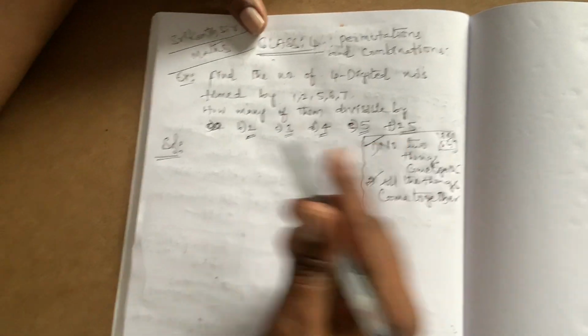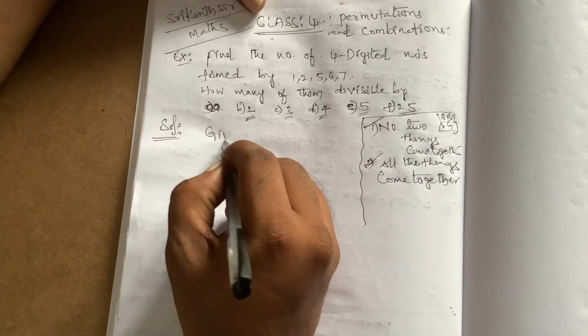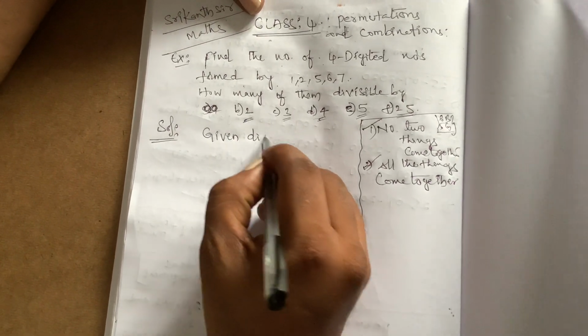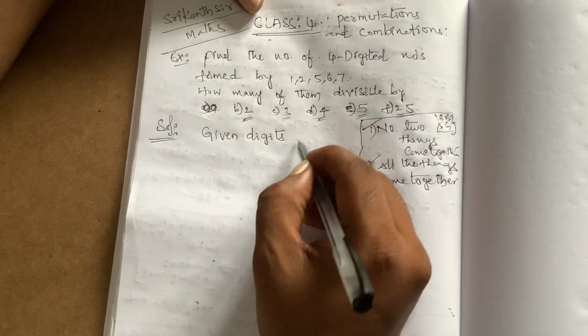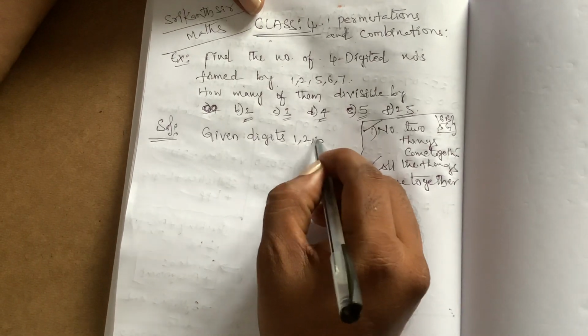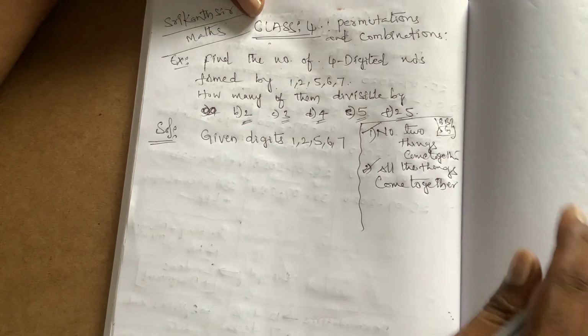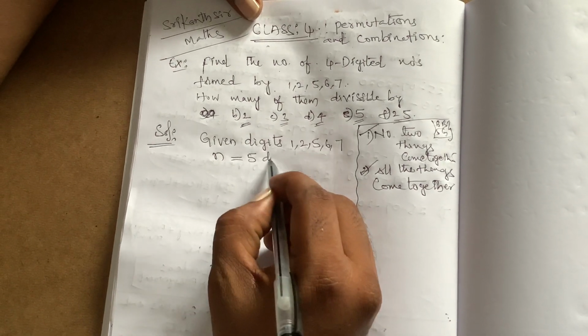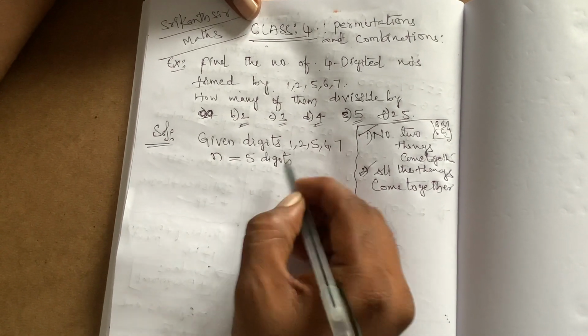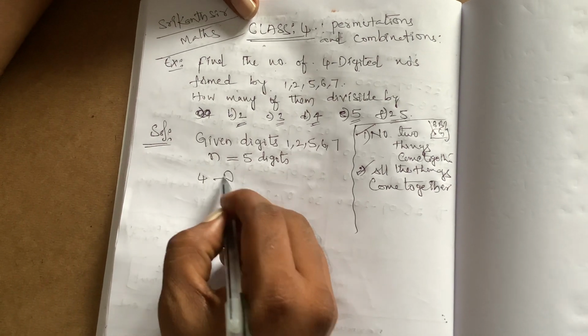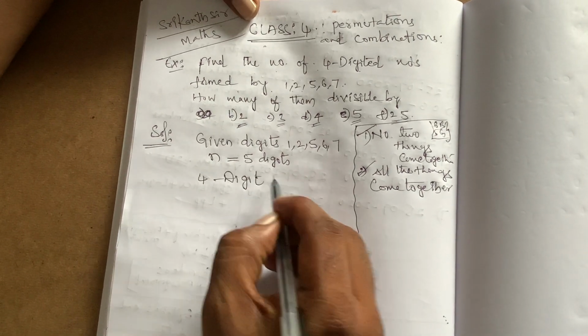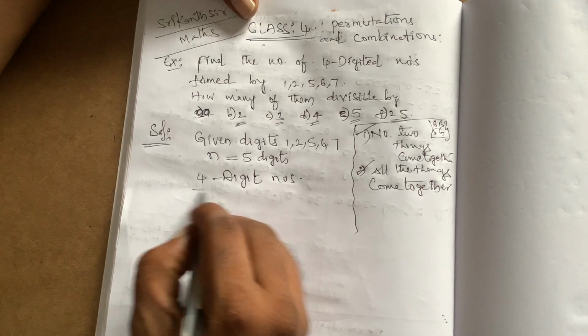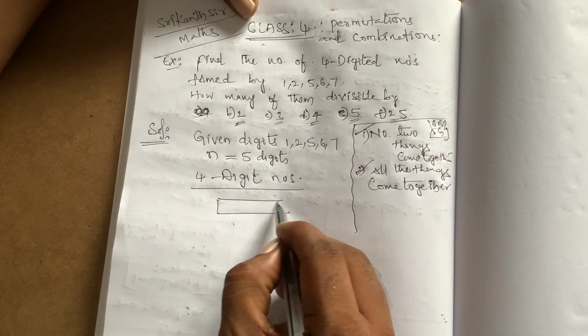Now listen. First, write down the given digits: 1, 2, 5, 6, 7. So the number of digits n is equal to 5. Our aim is to form 4-digit numbers, so take 4 gaps.